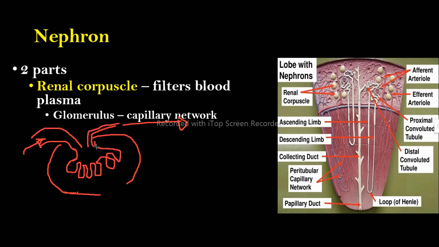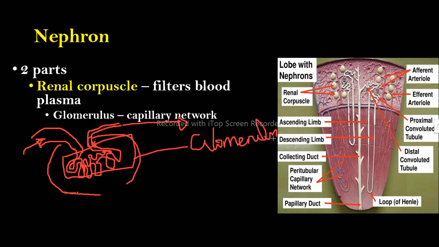It branches and is highly coiled into a network, which drains into the efferent arteriole. Now this dense network here is what we refer to as the glomerulus, this dense network of capillaries.